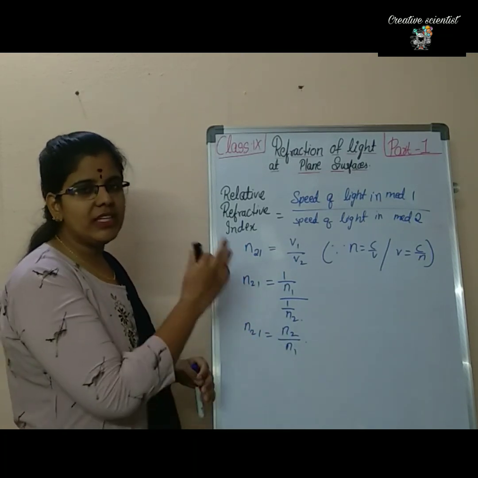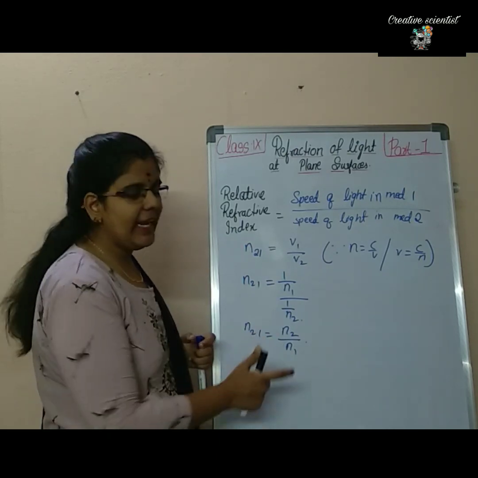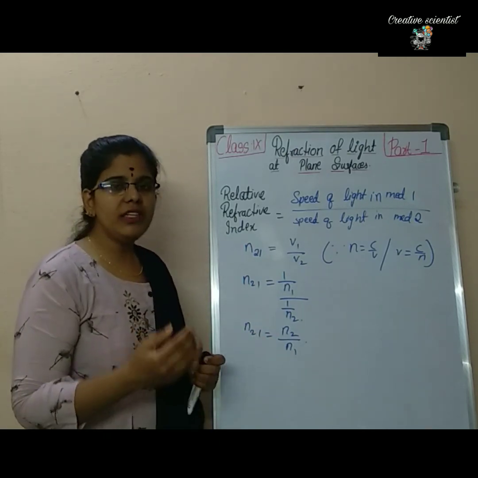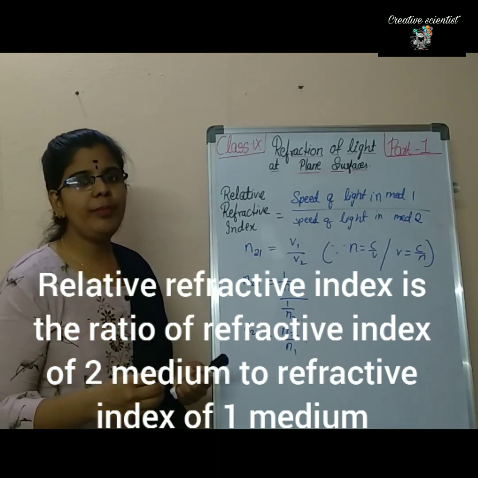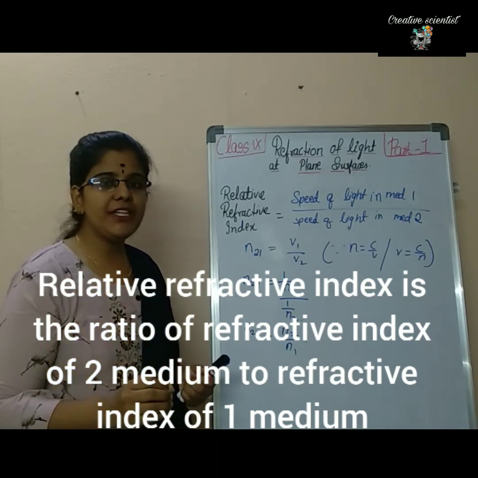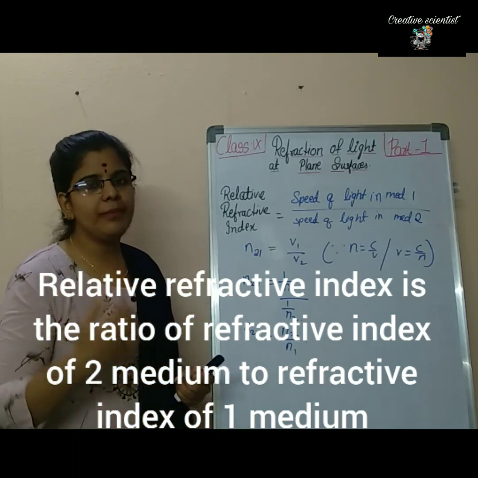If you take the reciprocal of the denominator, we will get N2 by N1. On the whole we can say that the relative refractive index of the two mediums is equal to the ratio of the refractive index of the second medium to the first medium.